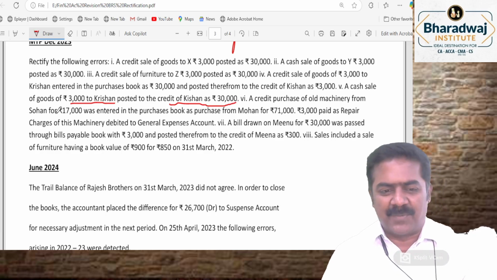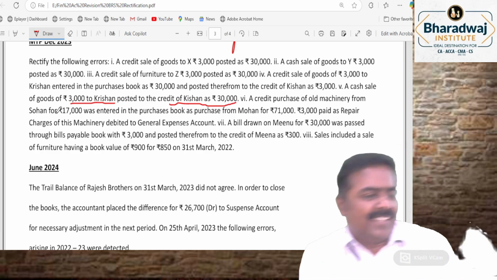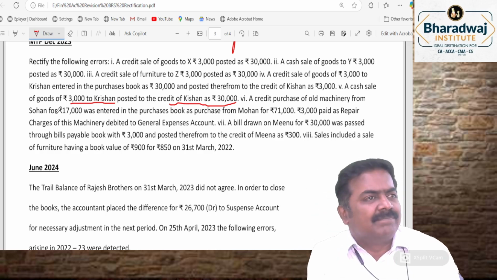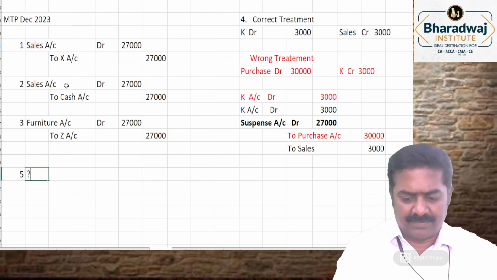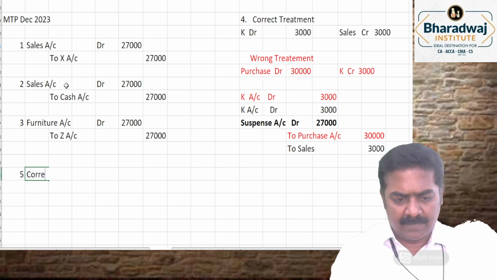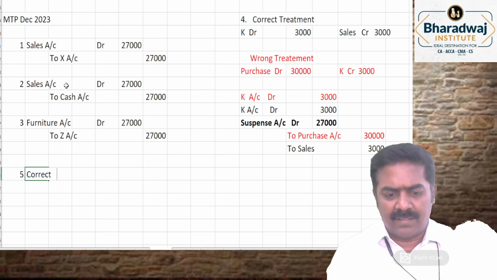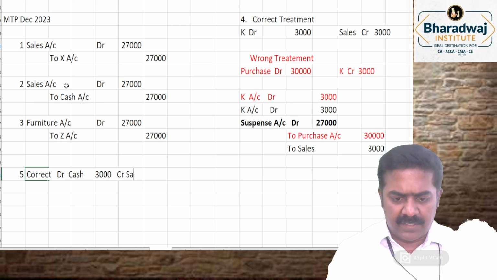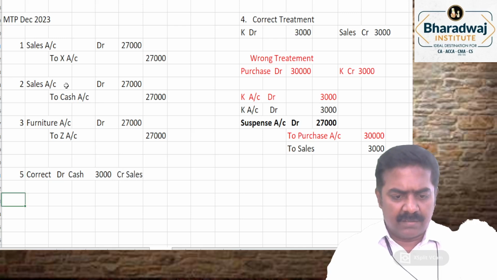So cash sales, what is the correct entry? Corrected? Debit cash and credit which one? Sales. Do that.